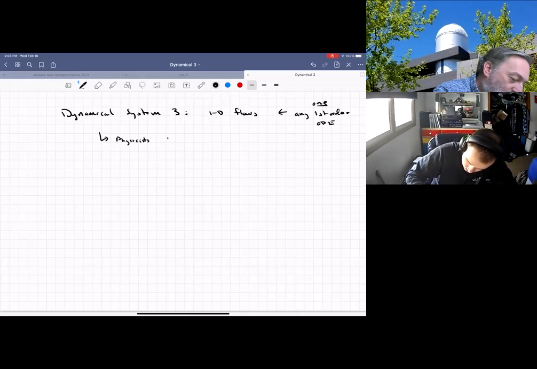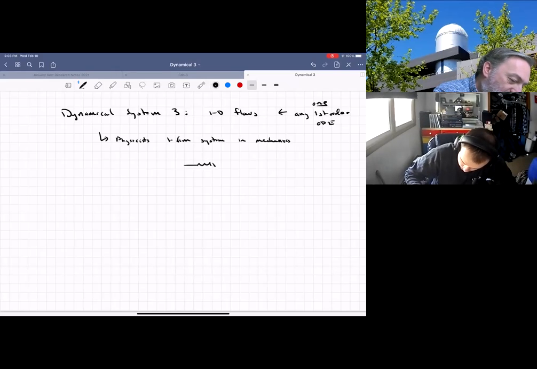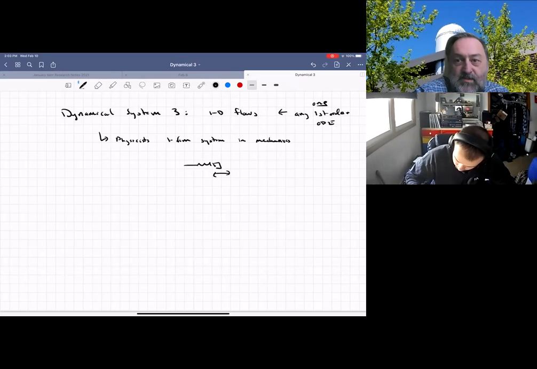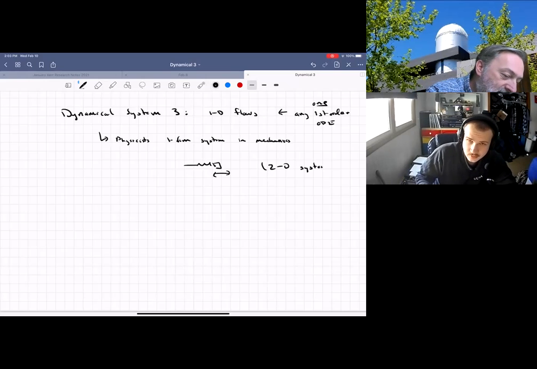we tend to think of a one-dimensional system in mechanics when we think about one dimension. And so if we have like a spring here that's moving back and forth, we might think of this as a one-dimensional system, but this is actually a 2D system from the math standpoint.